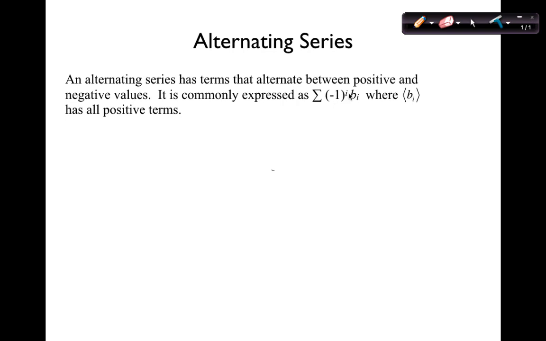So b_i is all positive, and then we have that factor, which makes them alternate, because whenever the i's are even, you'll get positive, and whenever the i's are odd, you'll get negative. Does that make sense?